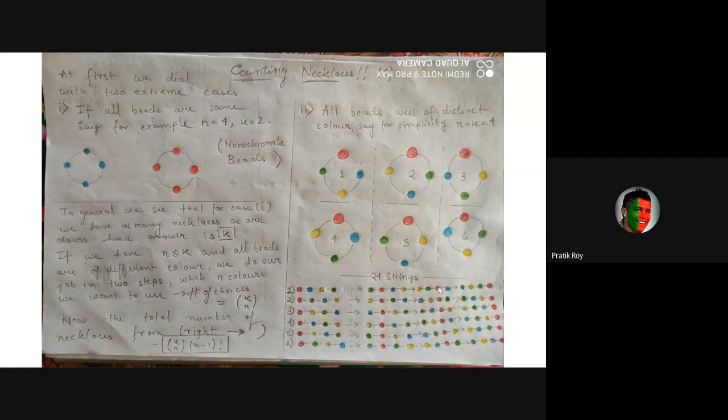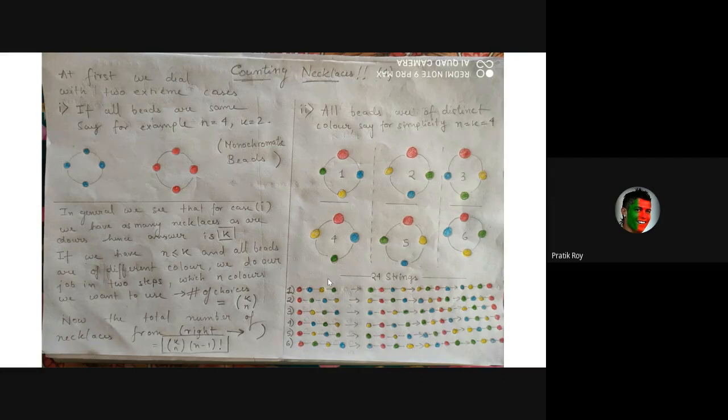In each of these rows, these are 4 distinct strings, but all of them give only one necklace. So this problem just turns out to be a problem of circular permutation, and we have already dealt with circular permutation.